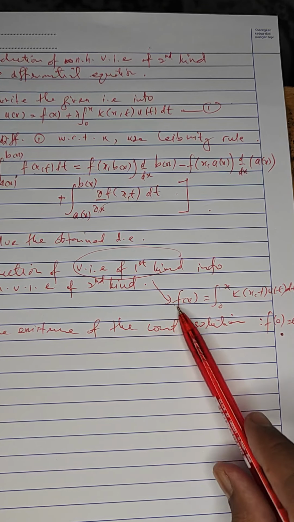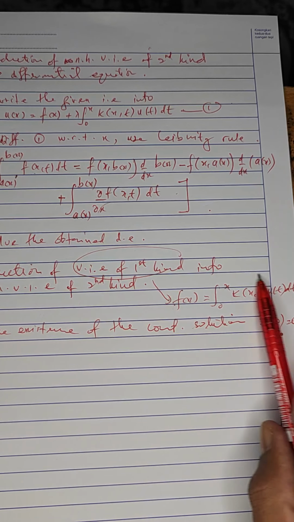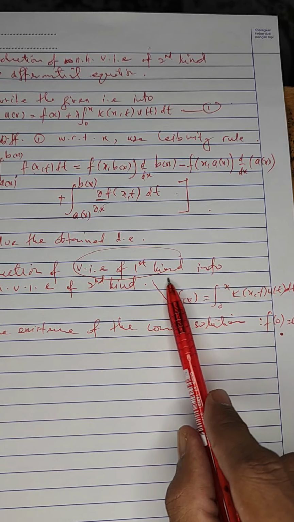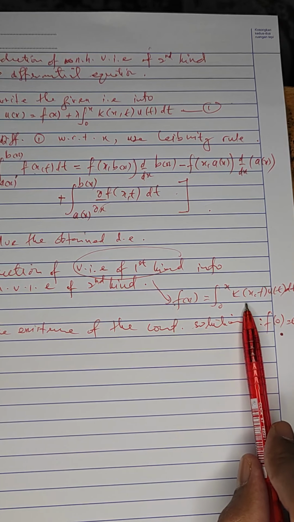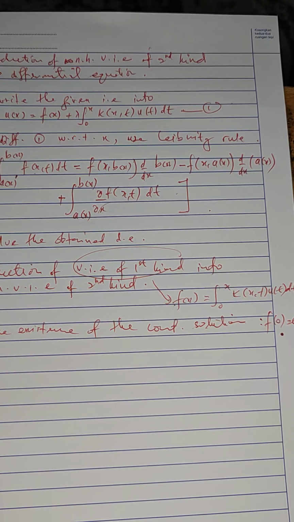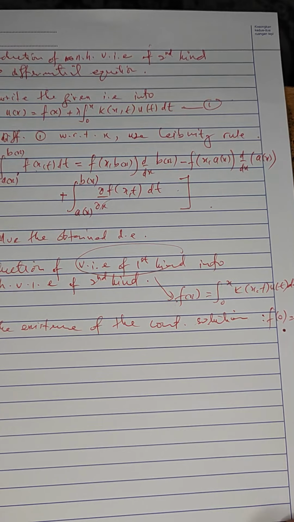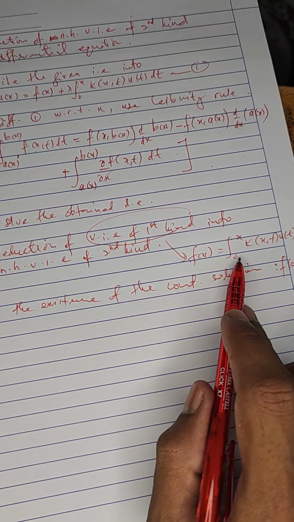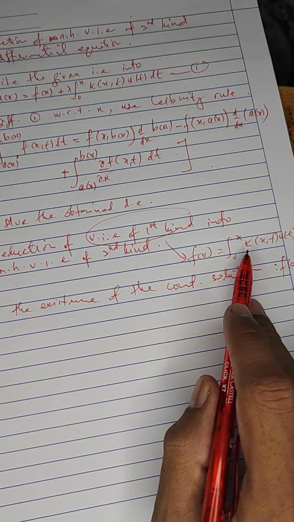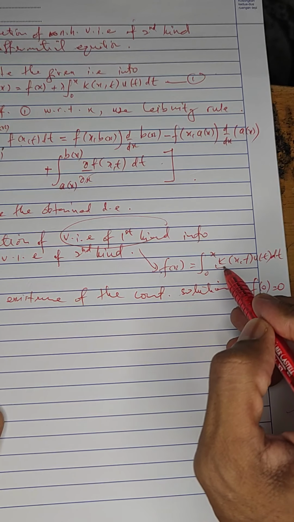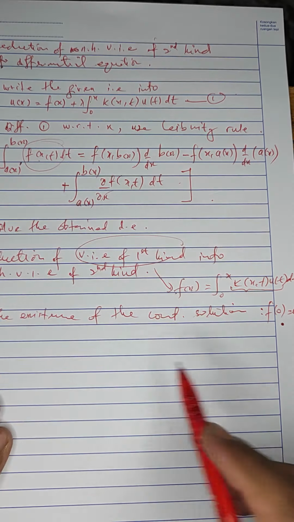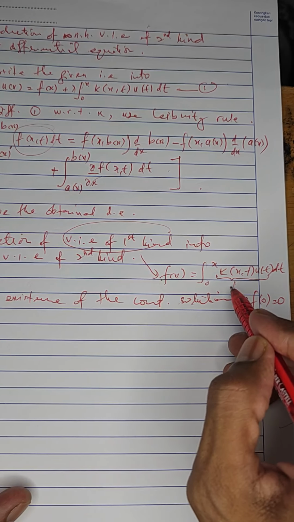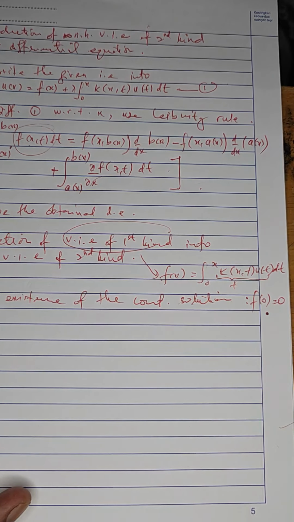Now let's do this. This is the given Volterra integral equation of the first kind. If we differentiate this using the Leibniz rule, this is our f here. Let's call this equation 1. We differentiate equation 1 using the Leibniz rule.